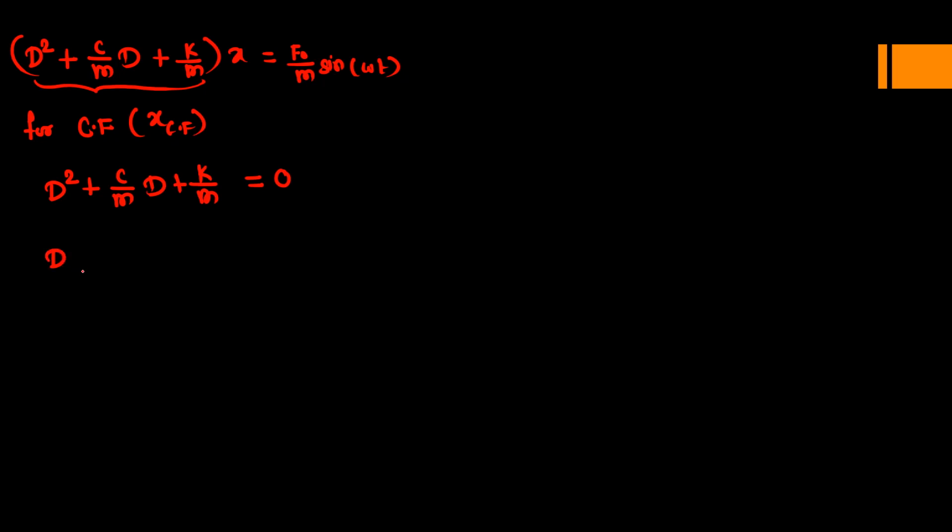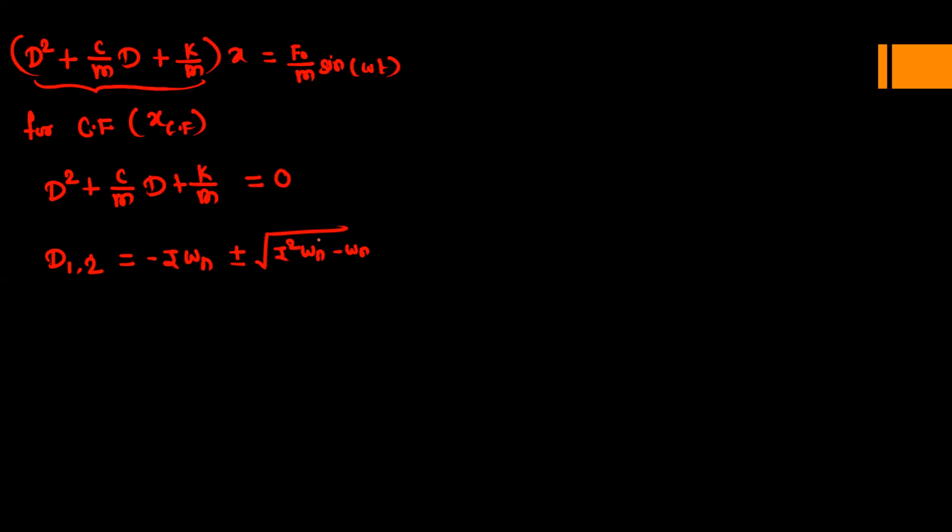So the D1 and D2, these roots are minus zeta omega n plus or minus the square root of zeta square omega n square minus omega n square.